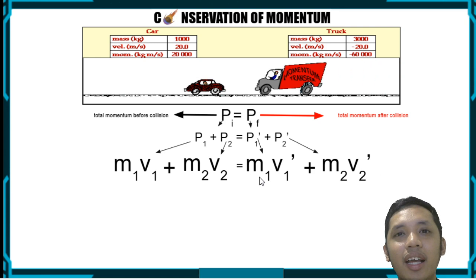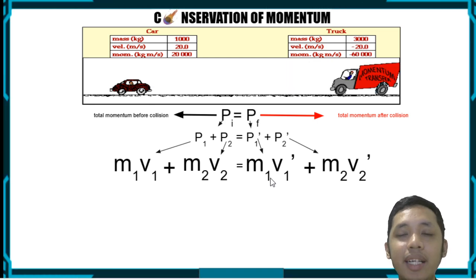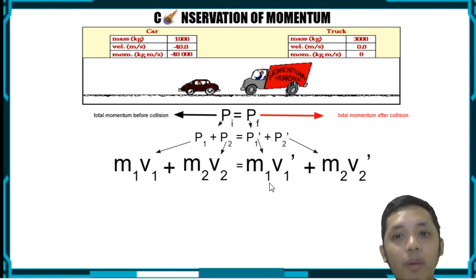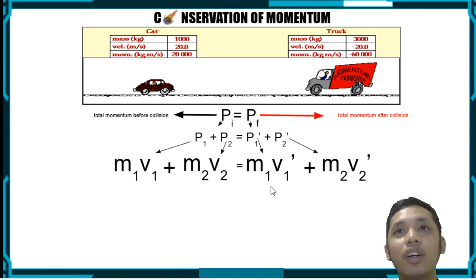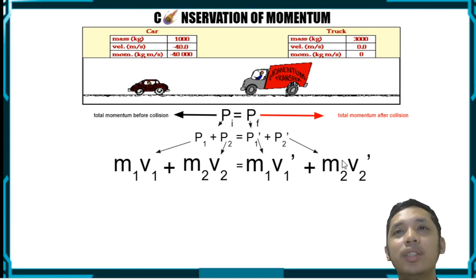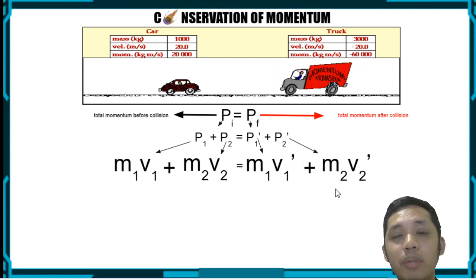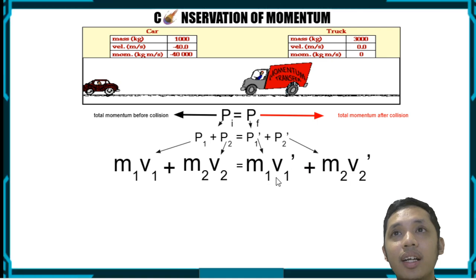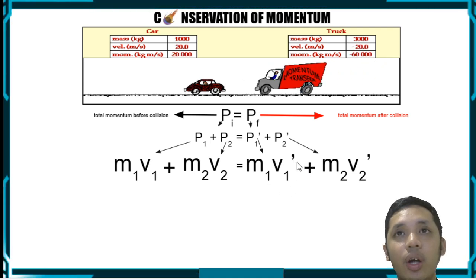Okay? If you can still recall, if an object experiences an impulse, what changes only is the velocity. The mass is constant. So that explains why in this scenario, the variables that change only are the velocities of each vehicle or each object.